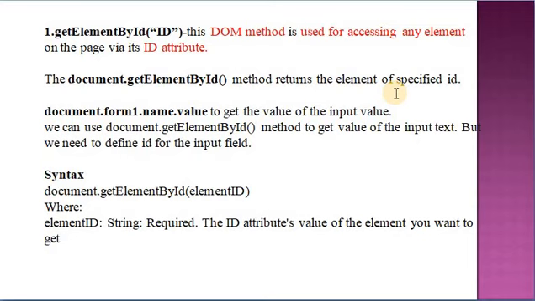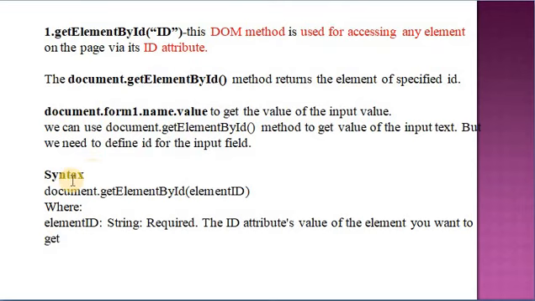In the previous page, we have used document.form1.name.value to get the value of an input. Instead of this, we can use the document.getElementById method to get the value of an input text. But we need to define an ID for an input field.